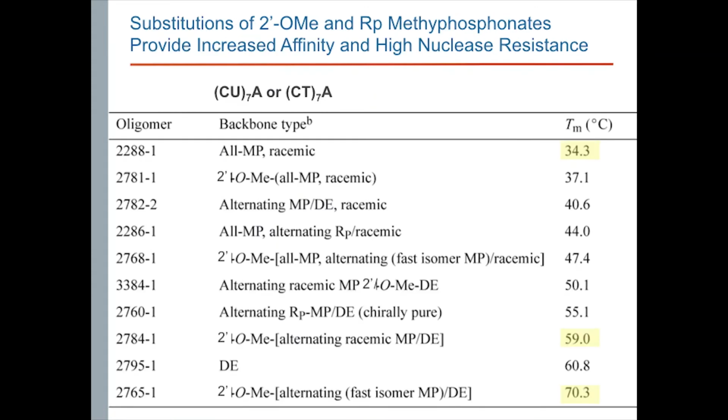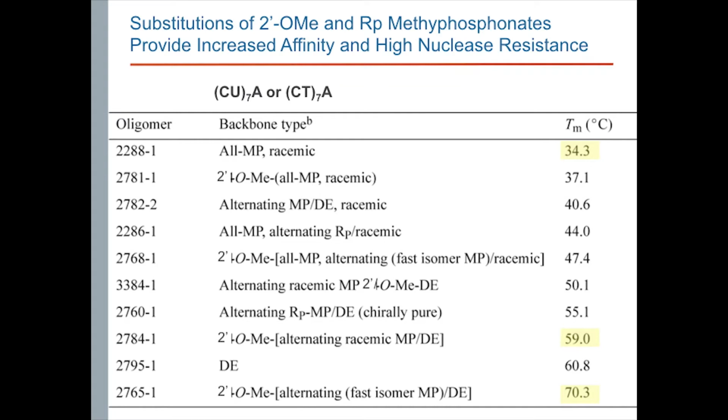This is a paper that we published on properties, starting with racemic methylphosphonates, which work really lousy. This is more thermodynamics than probably most people in this room want to look at, but the reference was on the previous slide and on the next slide if you want to dive into it.